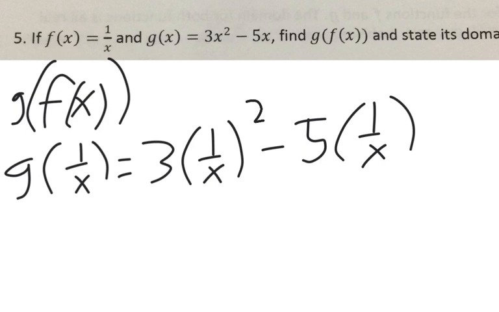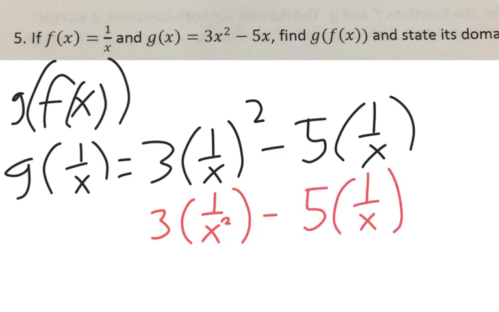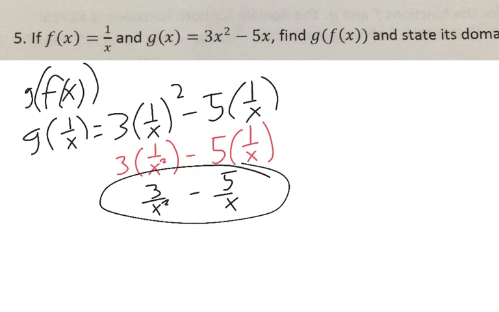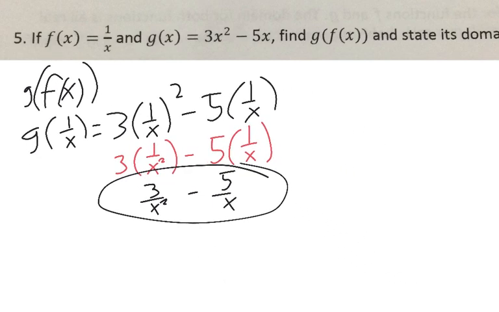So now, this is 3 times 1 over x squared minus 5 times 1 over x. Well, we can multiply those. So this is 3 over x squared minus 5 over x. There's my composition. What a mess. Any questions on finding that composition? It's a little uglier than the ones we've been doing, but it's the same process.